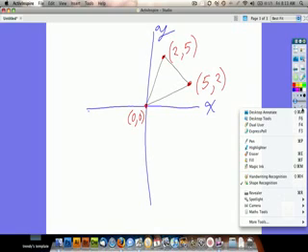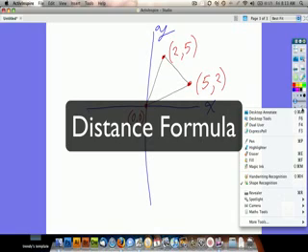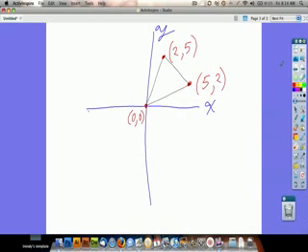What was I talking about before I was interrupted? Oh, distance. Okay, now, if you don't have a ruler, how do you find the distance between 2 points? Distance formula. Okay, I'll write that up here so we have it. Distance formula.